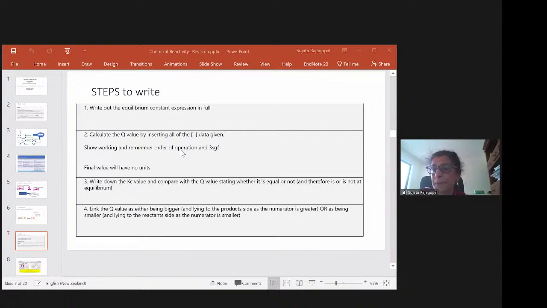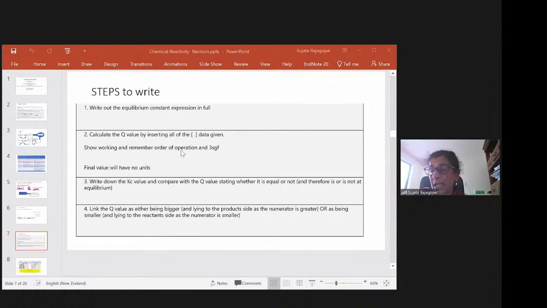And if your Kc is way higher than 10 to the power of 20, then you know that it's a very fast reaction favoring the products, and the reaction is complete.